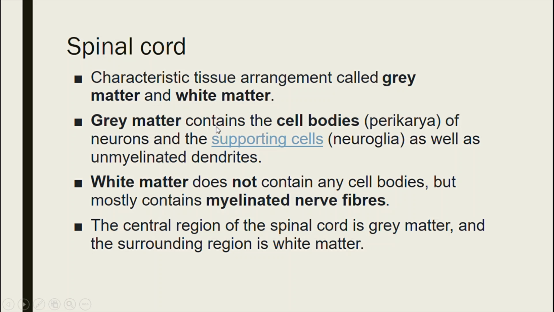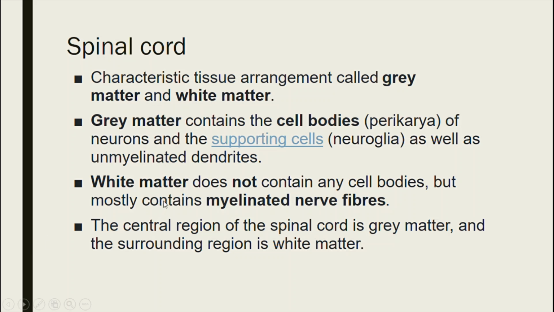The grey matter, as we all know, contains the cell bodies of neurons, and the supporting cells are also present in it. They are the neuroglial cells, the supporting cells, and the neurons, along with some unmyelinated dendrites. The specialized type of cells seen in the anterior or ventral column are bipolar neurons.